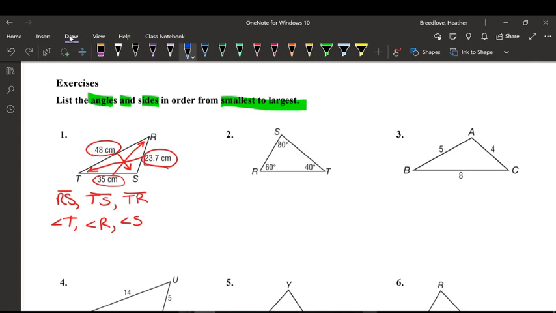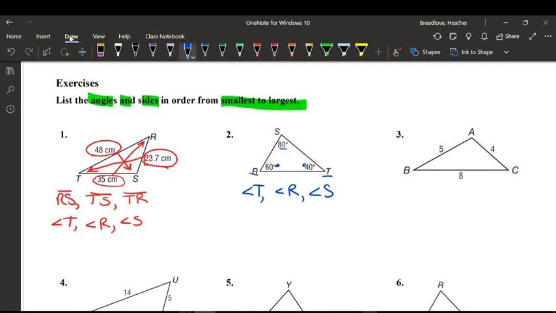And then go back and find the angle across from the corresponding side. On number 2, I'm given angles, so I'm going to list the smallest angle. 40 degrees is the smallest angle, so that's angle T. Then 60 degrees is the next largest, that's angle R. The largest is 80 degrees, and that's angle S. And then I'm going to do the same thing.